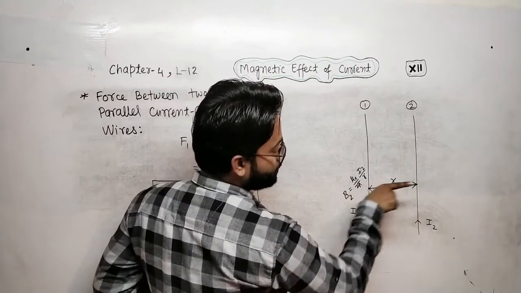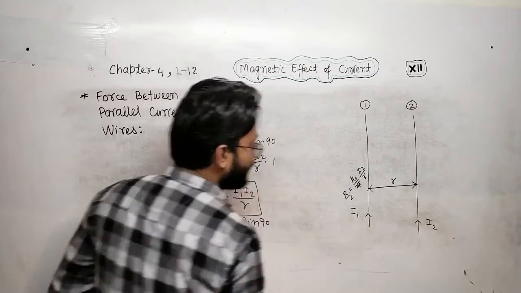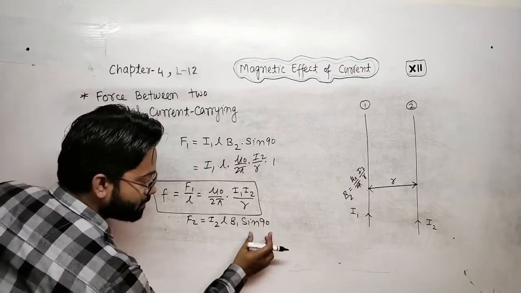The angle between dL and the magnetic field will be 90 degrees again, and sin 90 is 1.